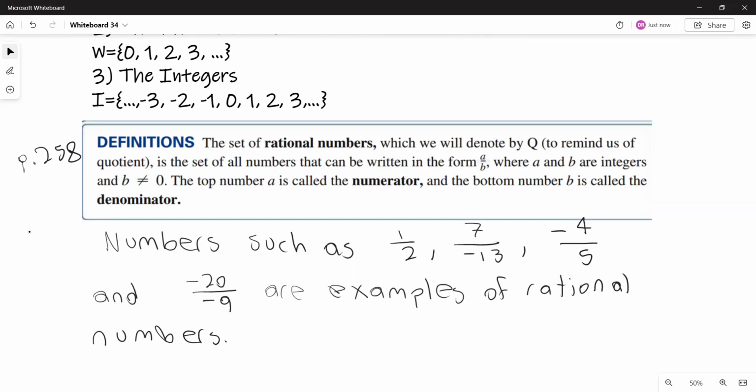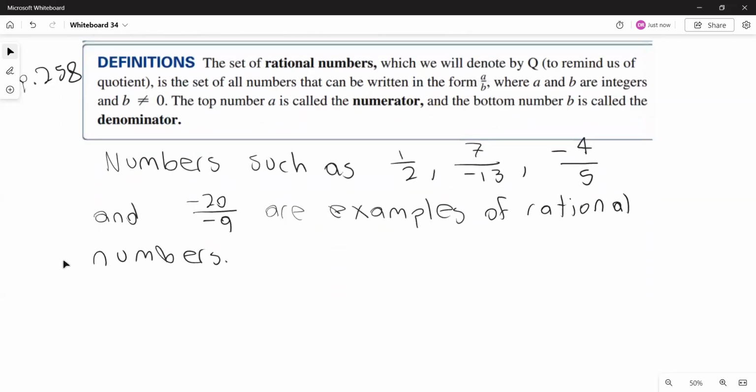And you can also consider integers as rational numbers with denominator 1.